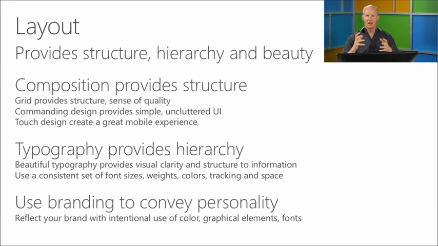So we use that subset of sizes and weights of fonts and apply it consistently across the app to communicate relationships between data and hierarchy within the data. And then using branding to convey personality. What can I use for color and graphical elements and fonts to really tune up the personality of that app and really draw people into that app and what it's great at?